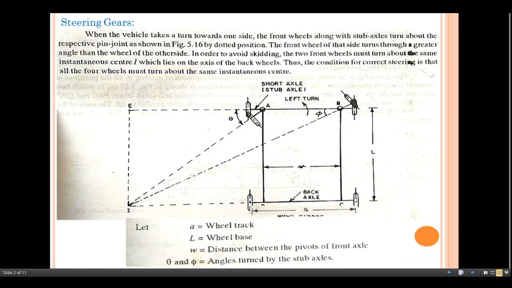This is the chassis, on which the front axle is here and the rear axle is here. When the vehicle takes a turn, the angle made by the inner wheel with the front axle is theta, and here is phi. Now let us see the next part.